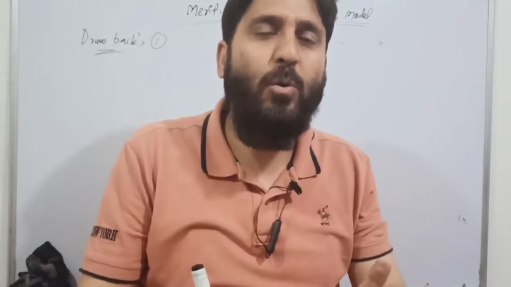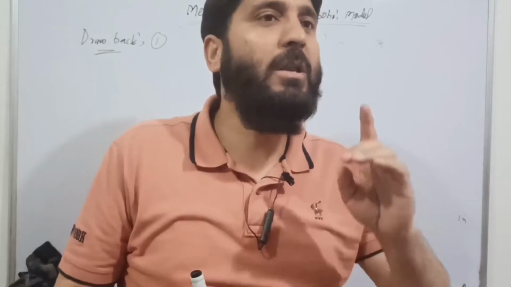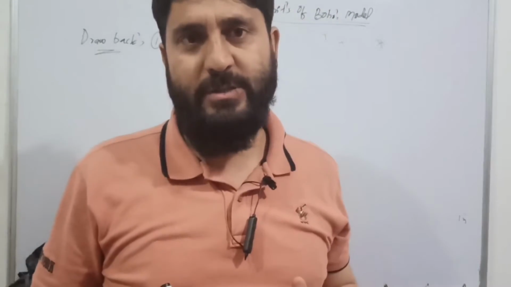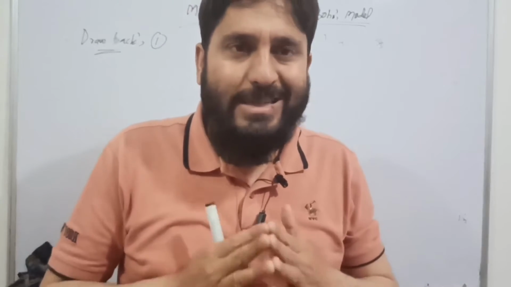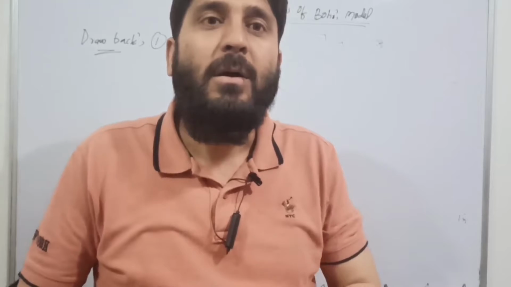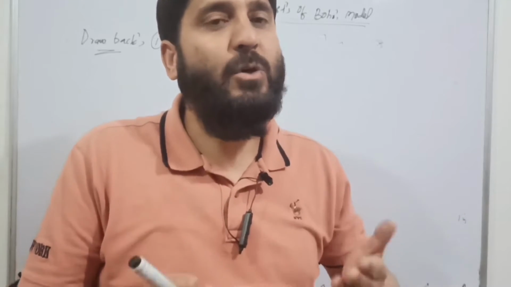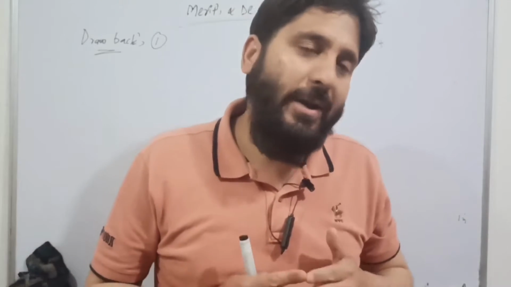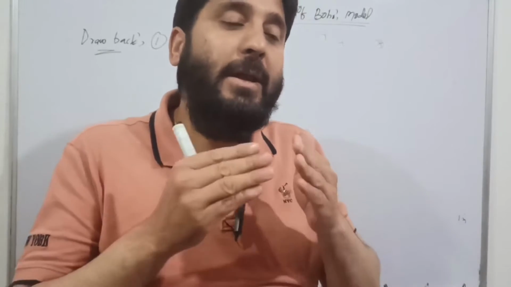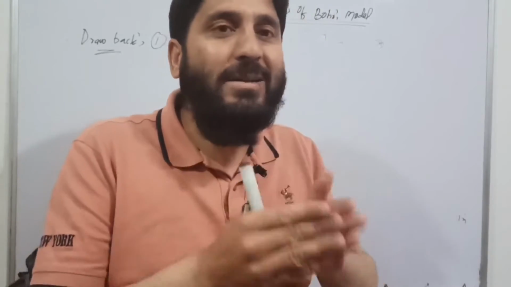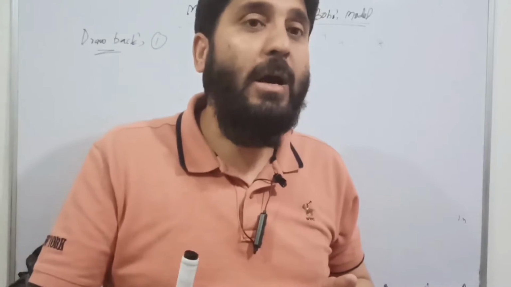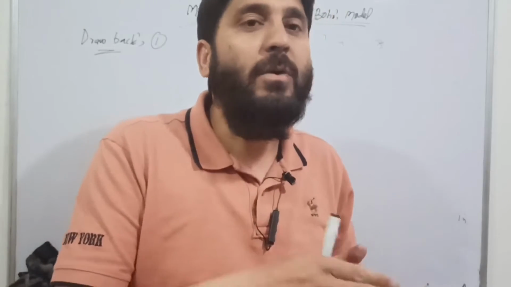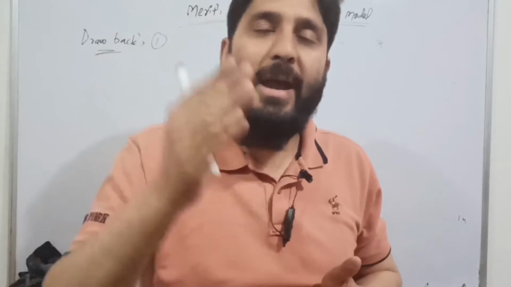The first drawback was simple, that this Bohr's model is applicable only for hydrogen and hydrogen-like species. That is in itself a drawback. That is, it is not applicable for multi-electron atoms or species. Or in other words, it can only explain the spectrum of hydrogen and hydrogen-like species. It cannot account for the spectra of multi-electron atoms or species.